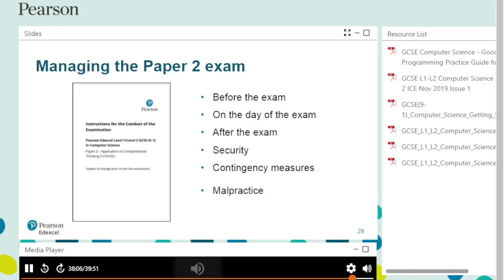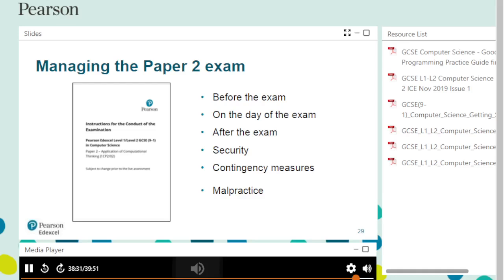There's detailed information about managing the practical exam in the Instructions for the Conduct of the Examination, ICE, document, available in your download pack. Candidates answer paper 2 on a computer using a locked-down exam profile. Before the exam takes place, centres must set up a designated secure user area for each candidate.